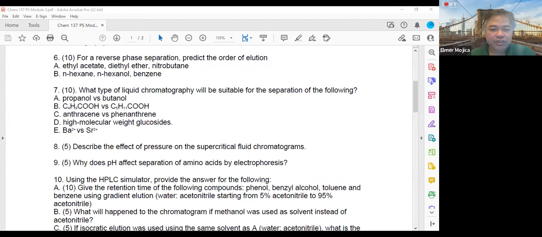So what do you think? These are what we call PAHs. What is PAH? Polyaromatic hydrocarbons. Okay, so usually if you use PAHs, the method that they have there is adsorption.